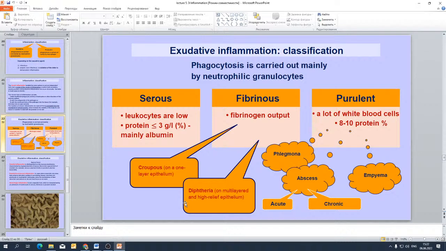Okay. The first question: definition of inflammation. I have written it for you.